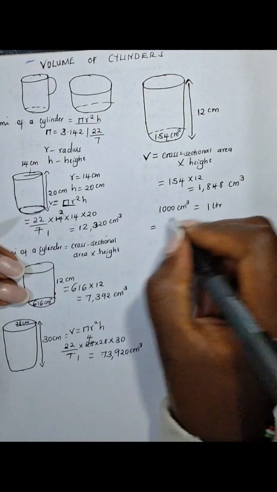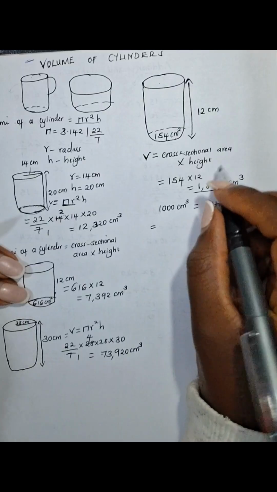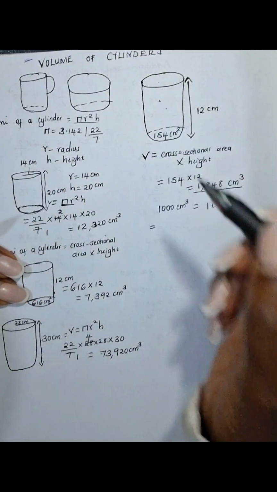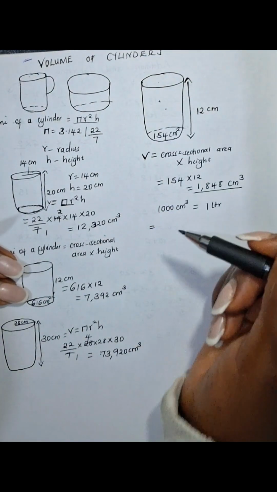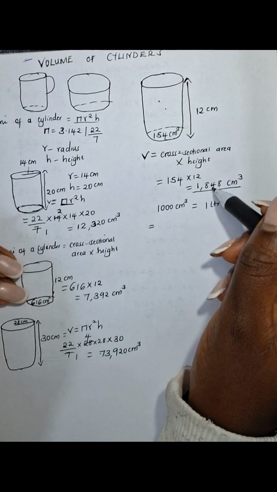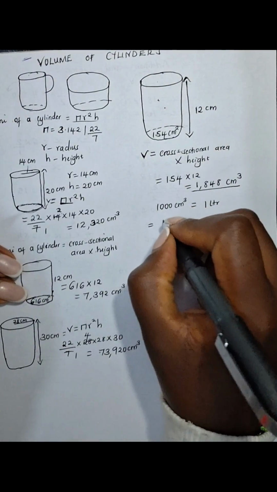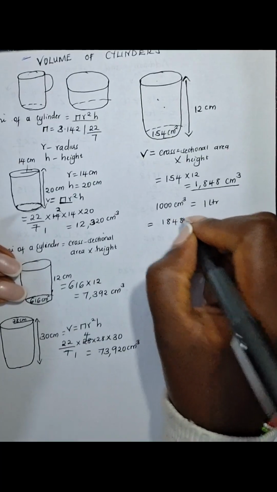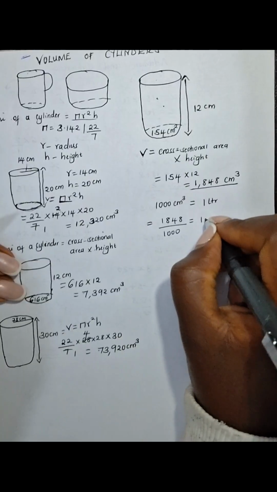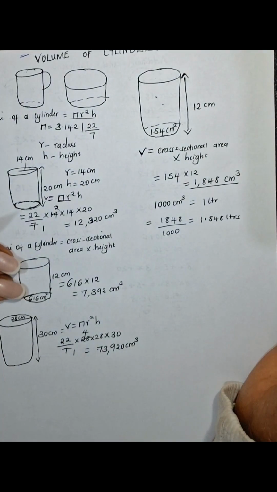So take for instance, in this case here, you have been asked how many liters of a liquid this cylinder can hold. And remember, you have the volume as 1,848 centimeters cubic. So you'll just write your answer, and you divide by 1,000. Then you will get that the cylinder can hold 1.848 liters of any liquid.